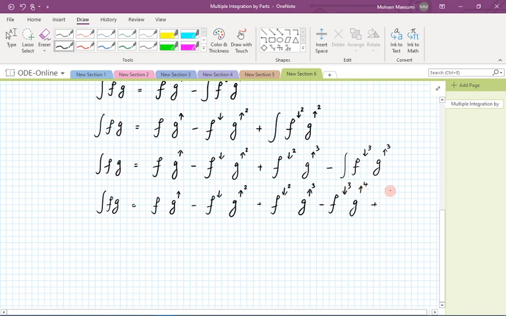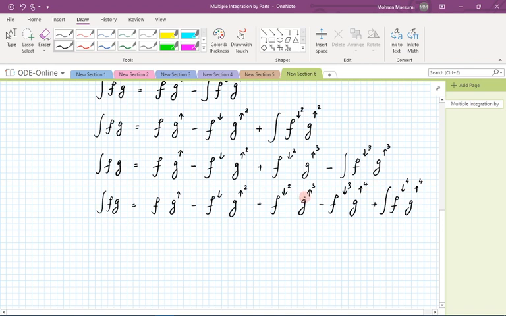Then the final is going to be now plus F quadruple down, G quadruple up, and so on. We can also write the general formula. I leave that for you to write this thing so that it ends with n rounds.